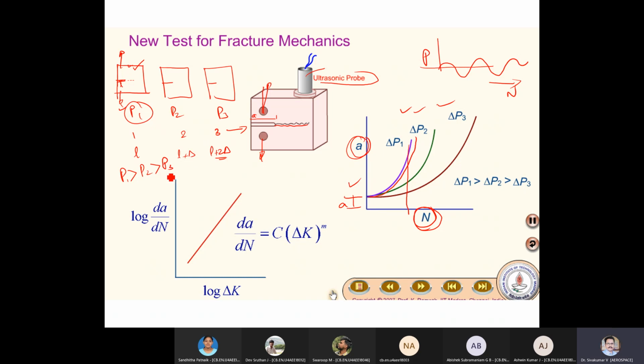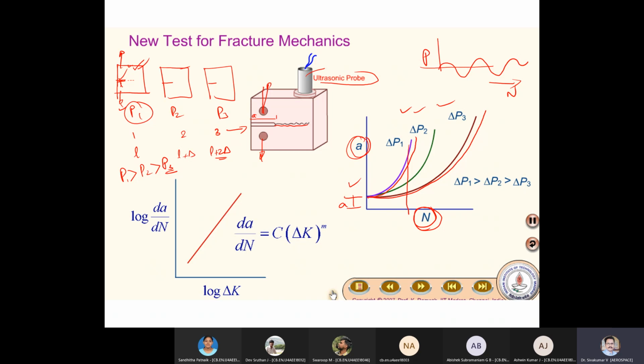When P3 is the lowest one, same material, same crack length, same thickness, same geometry, everything same, it took a little bit more cycles for the crack to grow. I hope you got the point. Three specimens, for the time being, have been considered in this graph.